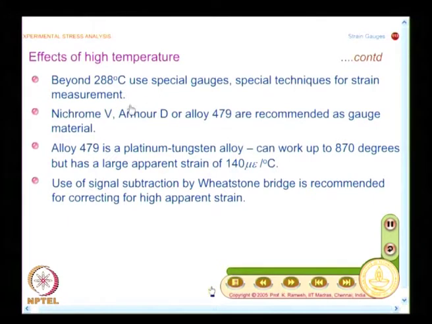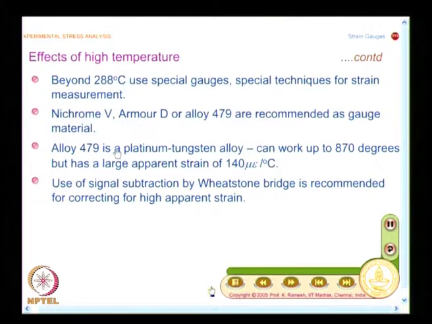And we looked at earlier also that you had different alloying materials available for making a strain gauge. You have nichrome V, armour D or alloy 479 available. They are recommended as gauge material for temperatures beyond 288 degrees centigrade.